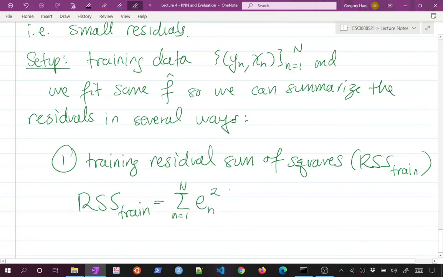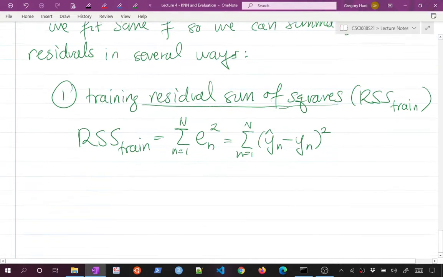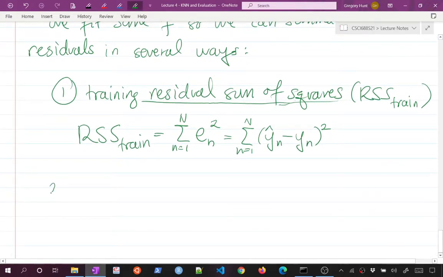As the name says, it's the sum of the squares of the residuals, which is just the predicted y_n's minus the true y_n's squared, summed up. That's probably the most basic way to summarize things. You might have seen that in a regression class.